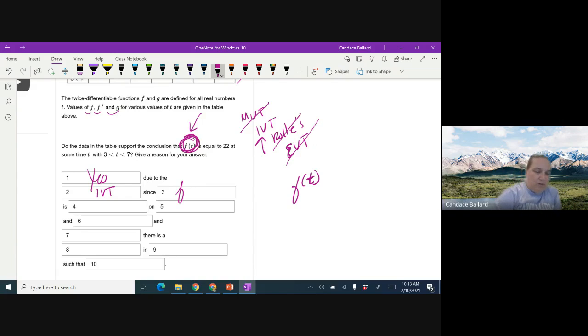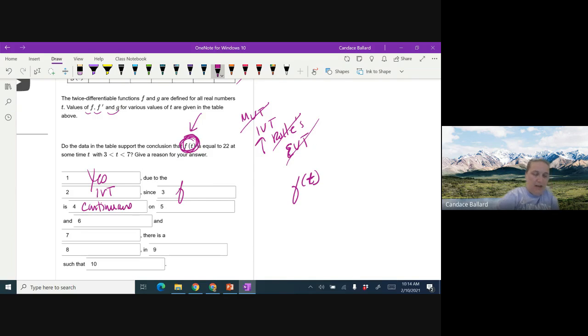We have to show that F of T is equal to 22 at time T between 3 and 7. Give a reason for your answer. So if we're talking about IVT, the hypothesis part of IVT says we have to have what kind of function? What kind of function do I need here? Yes, we need to say that it is continuous.